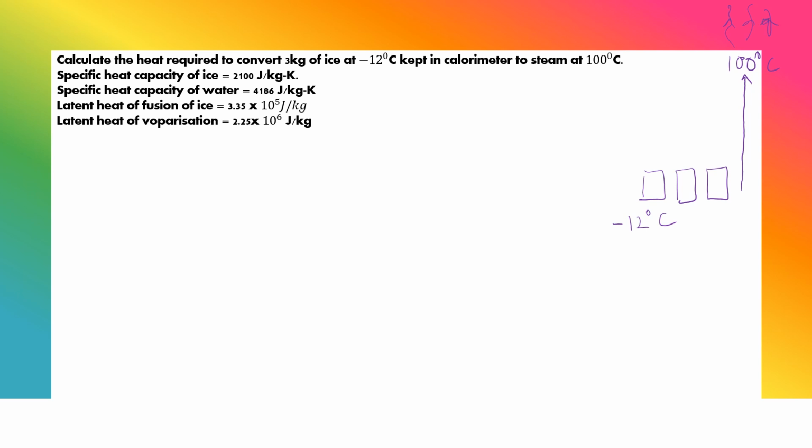So if you keep increasing the temperature, this ice will convert into liquid somewhere above 0 degrees Celsius, and when the liquid reaches 100 degrees Celsius, it will start converting into gas, right?